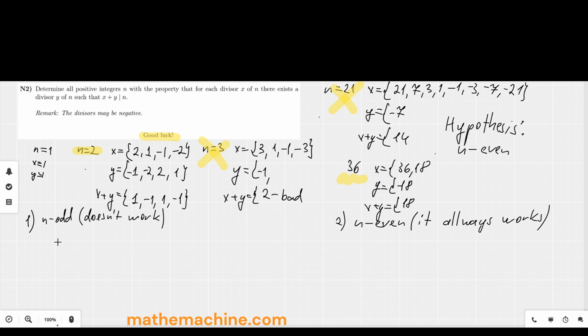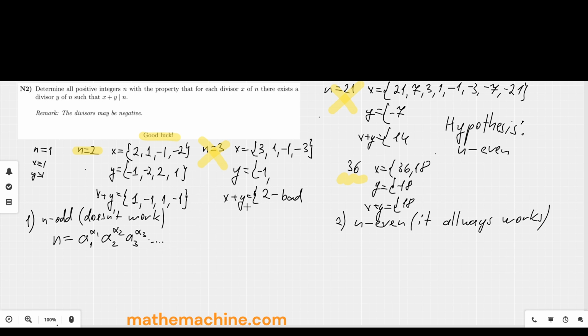If we consider some odd number, then it can be broken down into prime numbers with their powers according to the fundamental theorem of arithmetic. So a1 to the power of alpha 1, a2 to the power of alpha 2, a3 to the power of alpha 3, and so on.